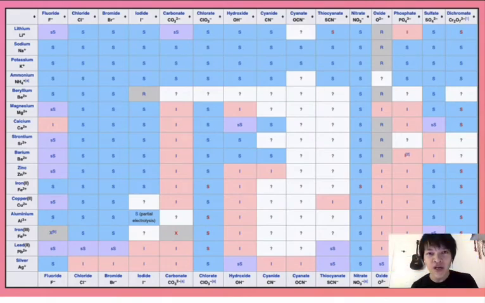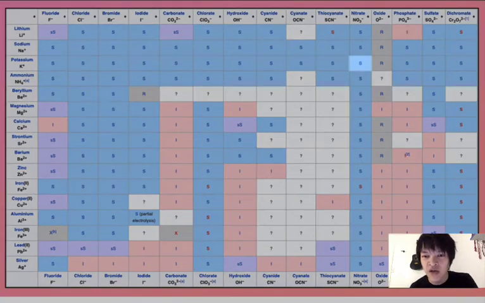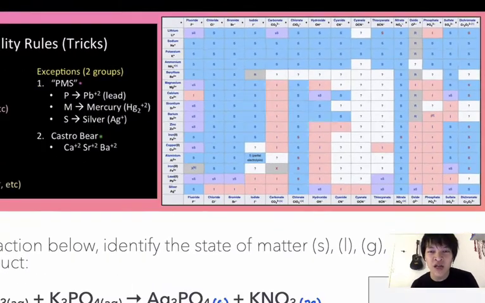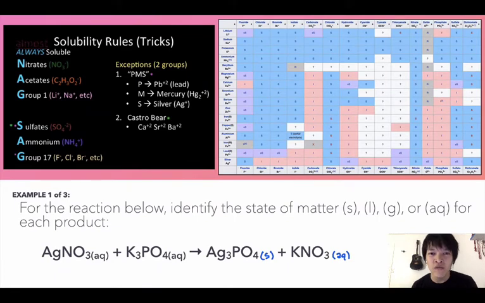And if we looked at our second product, potassium nitrate, you're going to notice that it says S for soluble, meaning it's going to be aqueous, which is what we said with the NAGSAG rule. Okay, so you can use either form, whichever you like. I just want to let you know that the NAGSAG rule is really only there as a mnemonic for whenever you're not given a solubility table and you don't have any internet access for some reason.